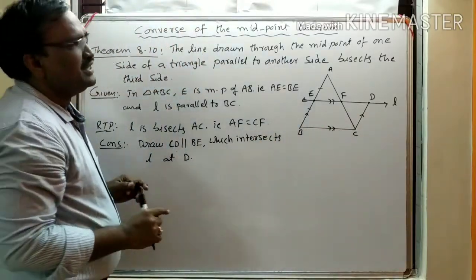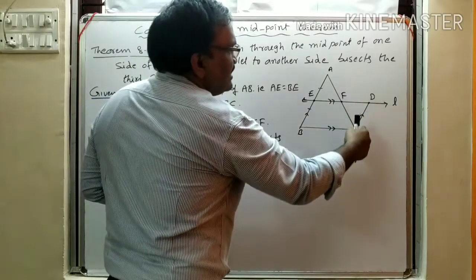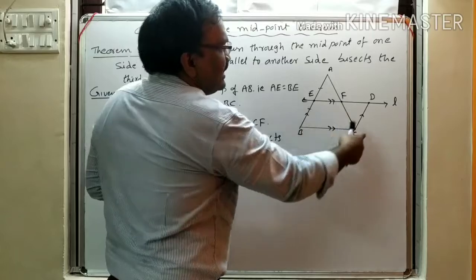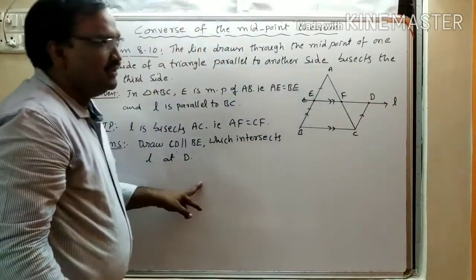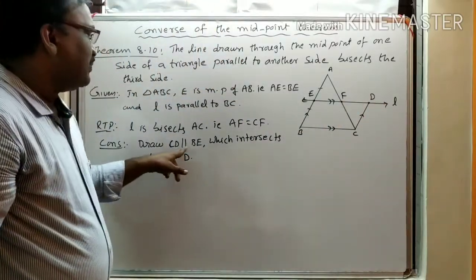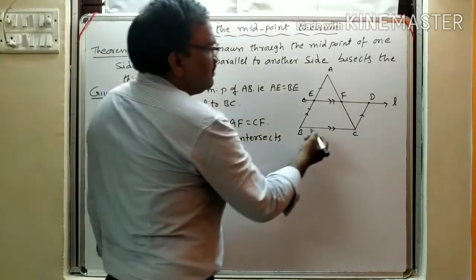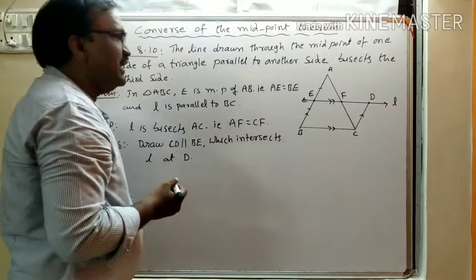See what is the construction? Draw a line CD which is parallel to BE that intersects the line L at D. Now observe the quadrilateral BCDE.